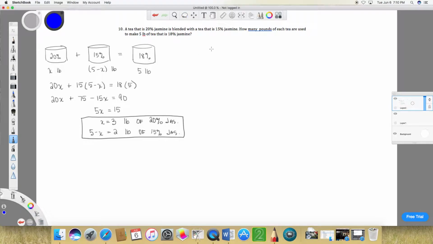All right, so in this seesaw method, we want to identify the weak concentration, the in-between concentration, and the strong concentration. So the weak was the 15%, the strong was the 20%, and the final mixture was the 18%.